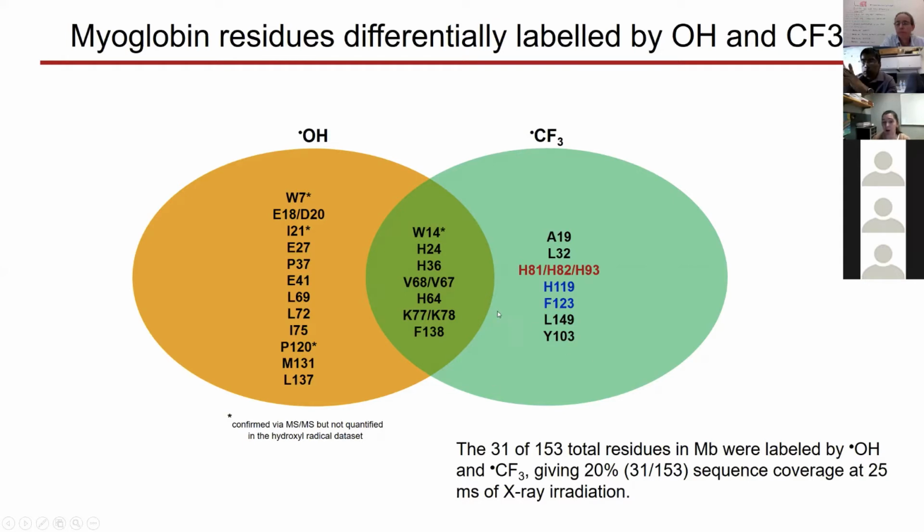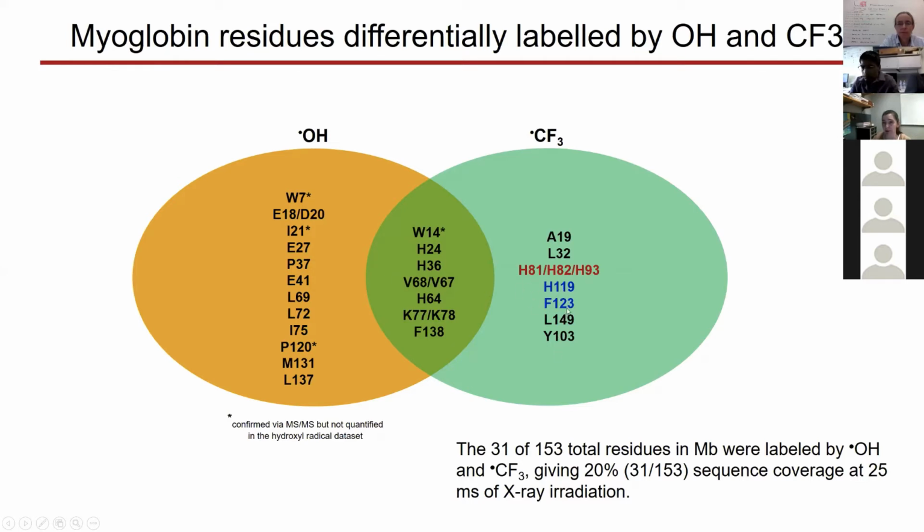What is important to show you is that there are two residues, histidine 119 and phenylalanine 123, which we label with CF3, but they are very reactive in hydroxy radical experiments. The reason we didn't see them is because of a methionine in the same peptide, which basically muted our detection of those two residues.